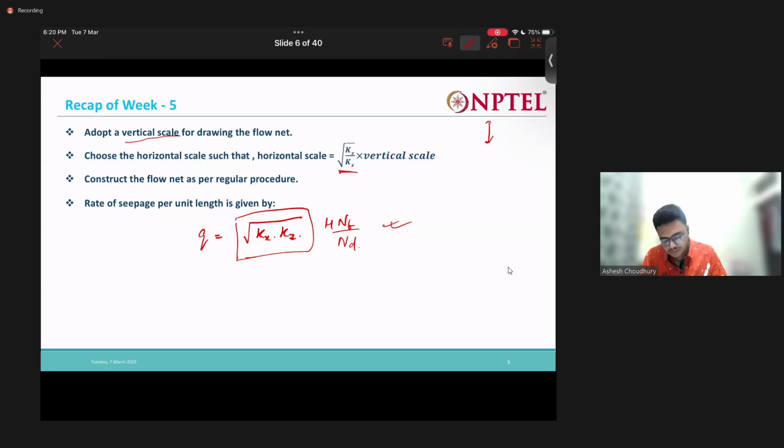So this equation gives us the flow for anisotropic soils.